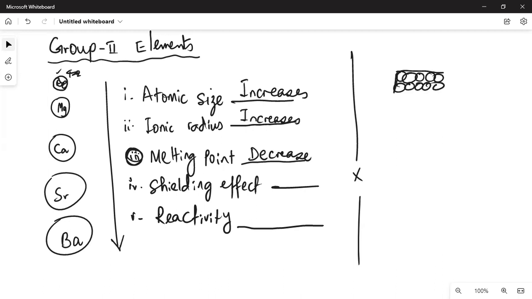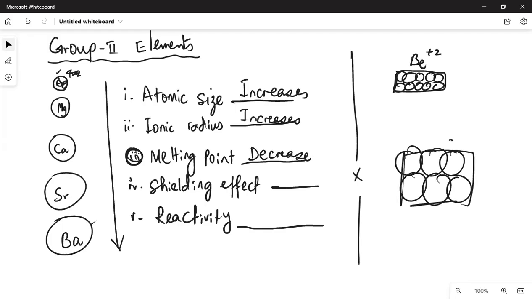Like if these are the atoms of beryllium and they are like positive 2, and against that if we have bigger atoms of say strontium, so bigger atoms may the packing cannot be that tight, and the charge spreads over a bigger area, and when the electrostatic attractions are spread over large area, the metallic bond strength becomes less. So when metallic bond strength is less, the melting point would also be less. As when we go down the group, metals में याद रखेंगे melting point decreases.